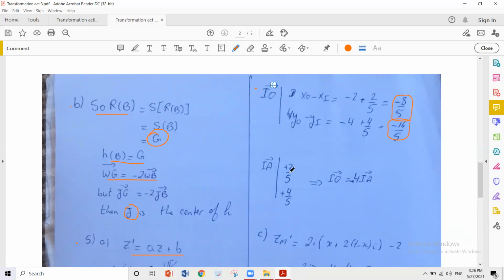Vector IA: A is 0, so zA minus zI gives 2 over 5, and yA minus yI gives 4 over 5. We notice that vector IO equals minus 4 vector IA.